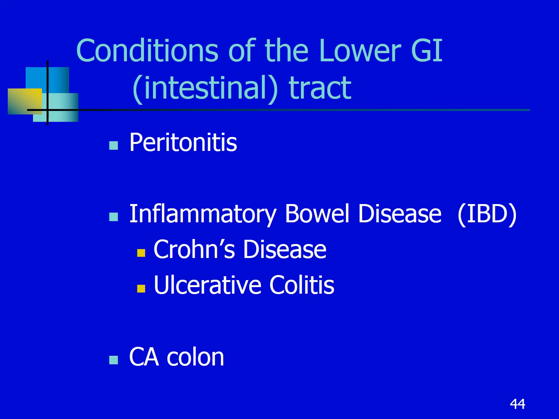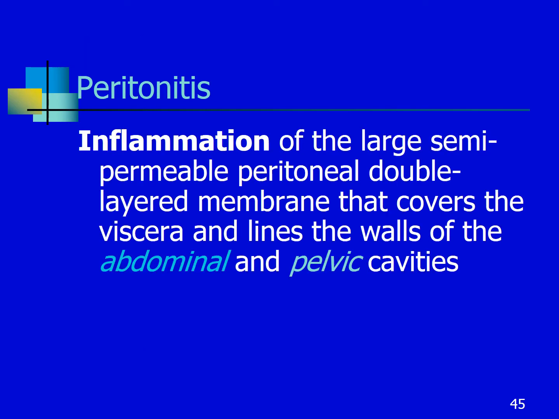And those conditions are peritonitis, inflammatory bowel disease, which is two forms, Crohn's and ulcerative colitis, and colon cancer. Next slide. Peritonitis: inflammation of the large semi-permeable peritoneal double-layer membrane, right? It's covered with viscera and lines the wall of the abdomen and the pelvic cavity.